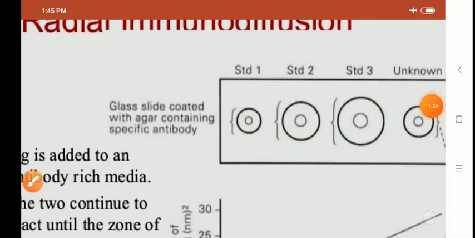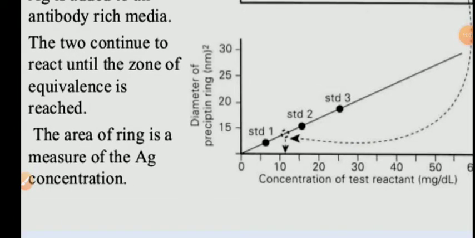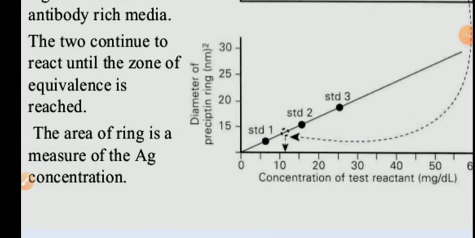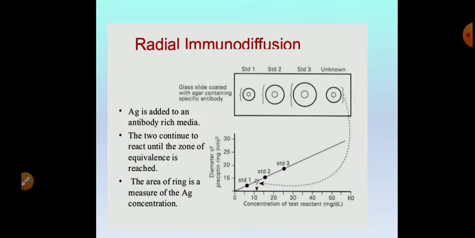Now, what you have to do is measure the diameter of the precipitin ring, right? And then plot a standard graph like this. So, on the y-axis, we have diameter of the precipitin ring. On the x-axis, concentration of the standard antigens. So standard 1, 2, 3, you can see, right?